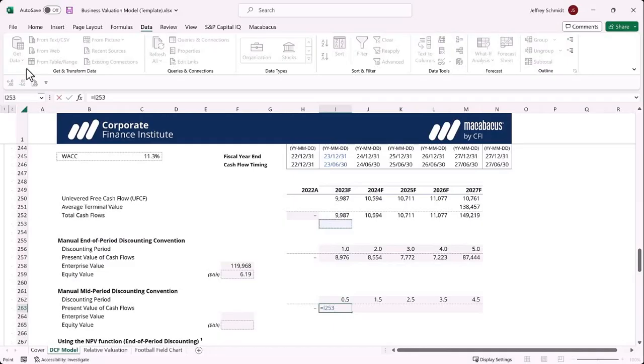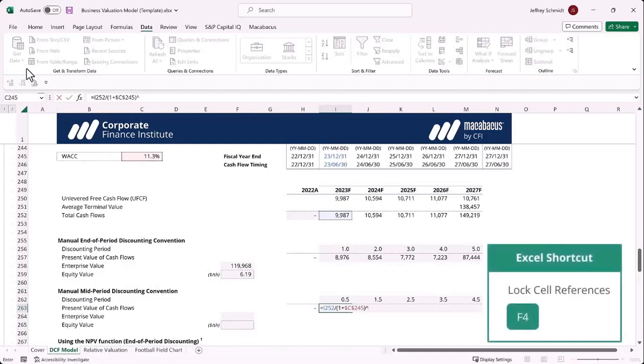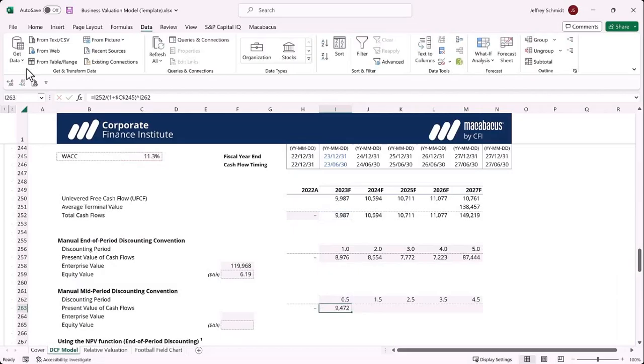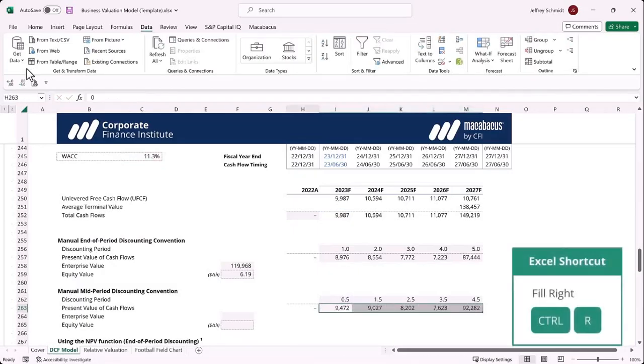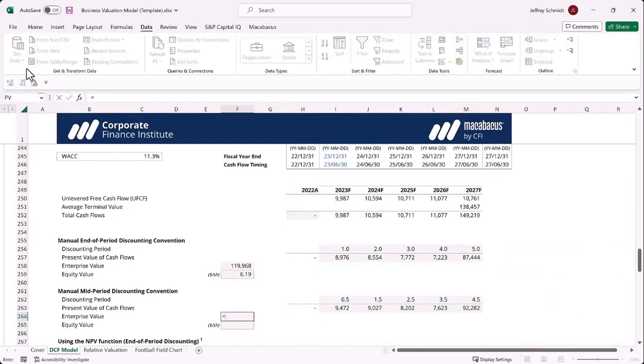Either way, though, take our cash flows, divided by 1 plus our WACC, raised to the half power in this case. Copy it forward. Sum everything up to get our enterprise value.